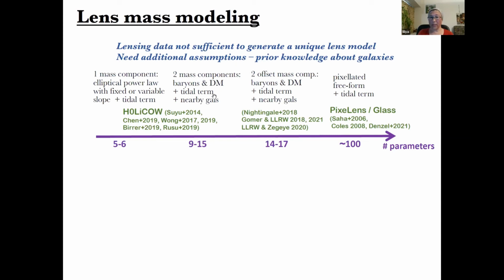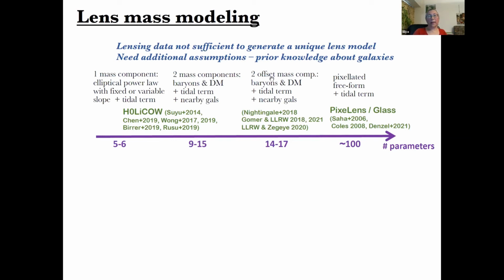You can have two mass components. One would represent the dark matter, and another one would represent baryons, stars meaning. You can also have a tidal term and maybe nearby galaxies, and so the number of parameters is somewhere in this region.